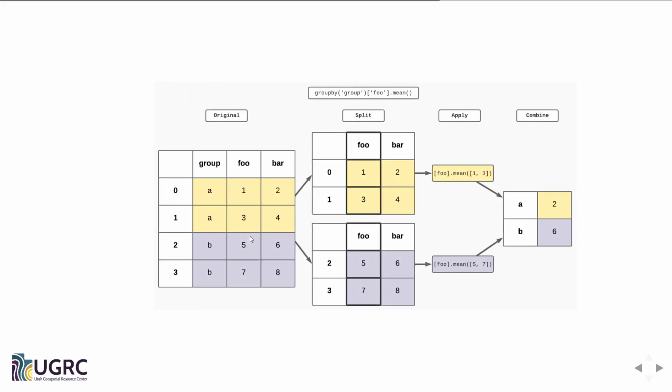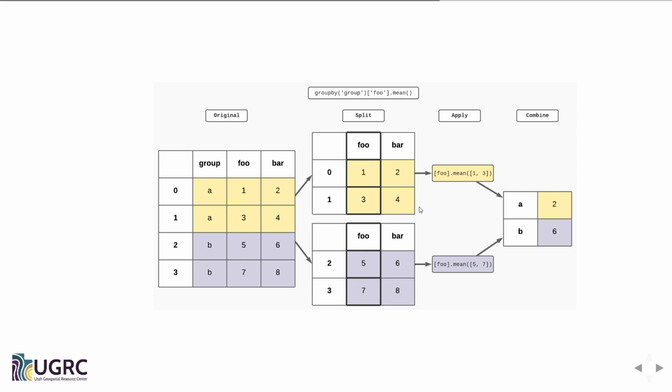So what's happening? Well, we're taking our data frame, we're grouping by the group column, we're operating on the foo column to get the mean. So we're breaking our data frame into two sub-data frames, or two groups. Each one is its own data frame. So internally, we now have two data frames, and whatever operation we can perform on a data frame, we can perform on each group.